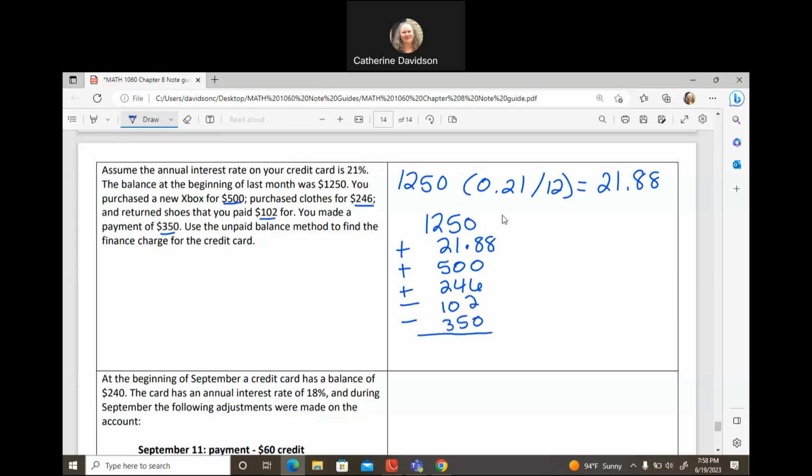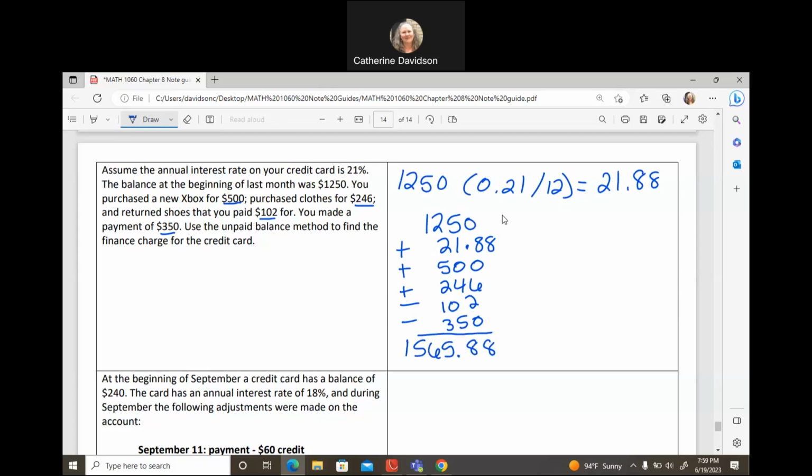All right. So throw all this in the calculator. So our new balance is $1565.88.